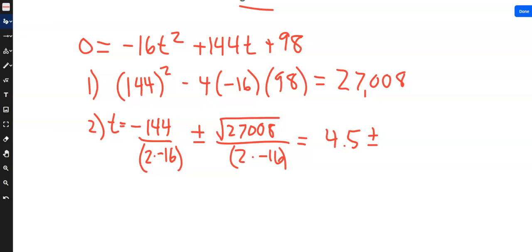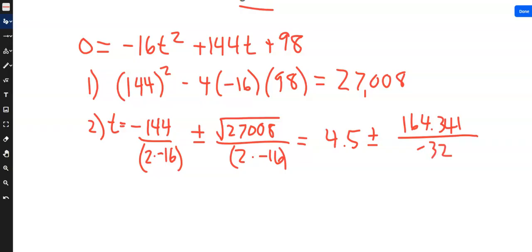Now the square root of 27,008 is approximately 164.341, all over negative 32.